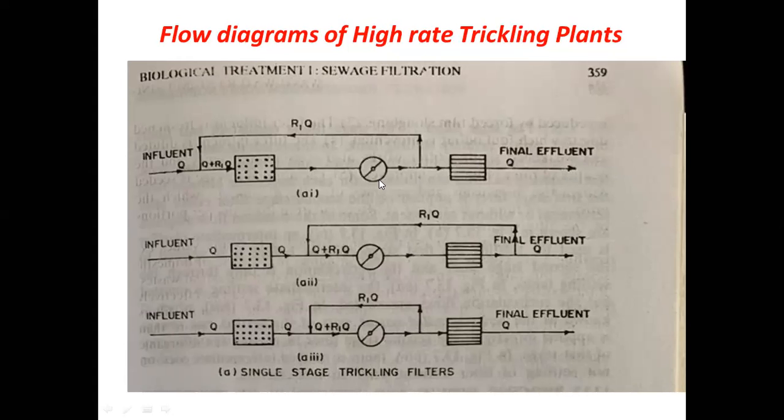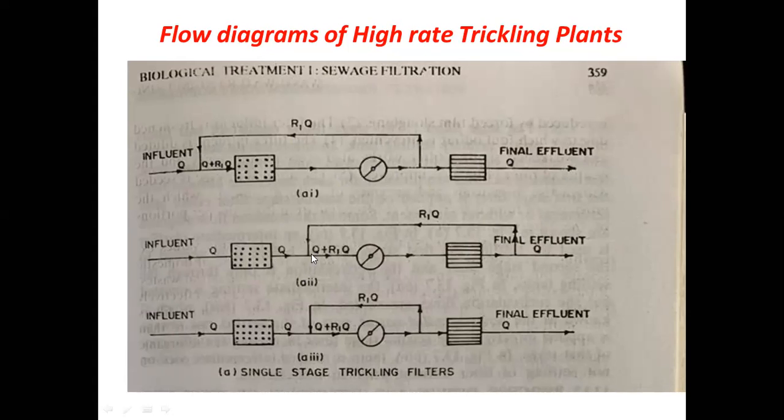Here the general process variation is shown in the second figure. In the first figure, the treated effluent from the trickling filter is recirculated before the primary clarifier.